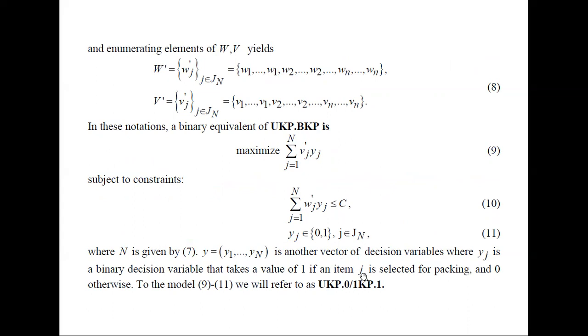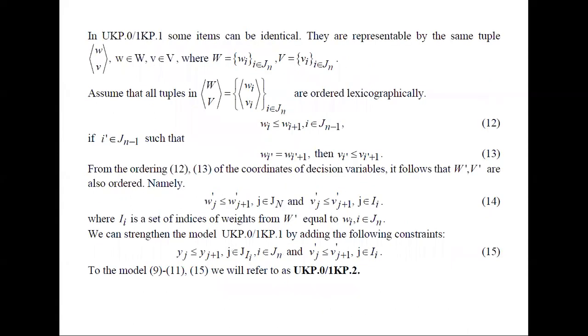And we introduce one more modification of the model based on the following observation. If we take tuples of weight and value of each item and form a multiset where each element is such a tuple, then we can order them lexicographically following this formula.